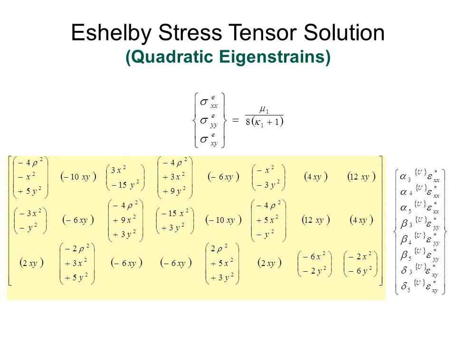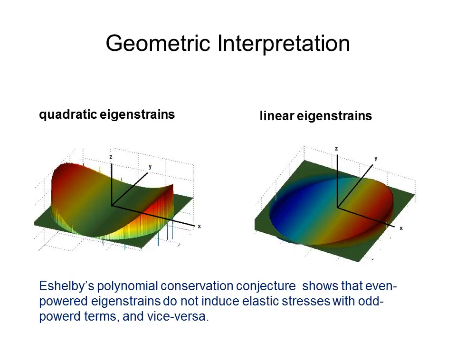This was conjectured in 1961 by SLB already, but the solutions came very recently in 2014, and for cubic much later. The geometric interpretation for this conjecture is that if we have quadratic eigenstrain, it is supposed to induce elastic stresses with only quadratic or constant terms, and not the linear terms.